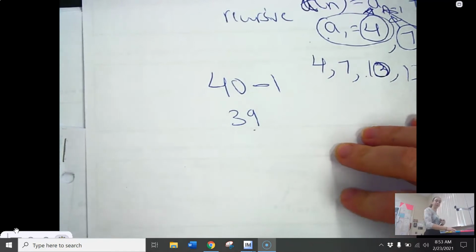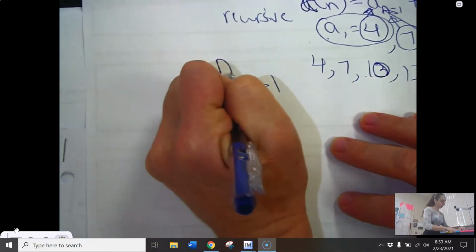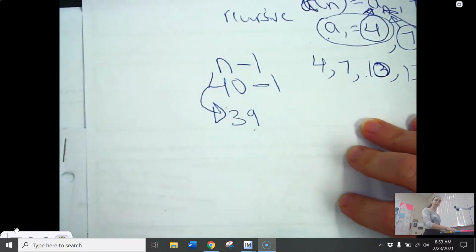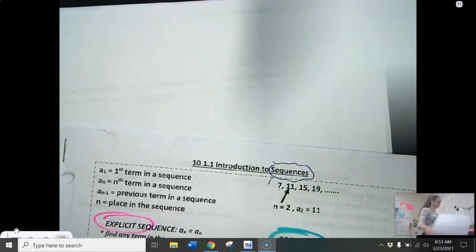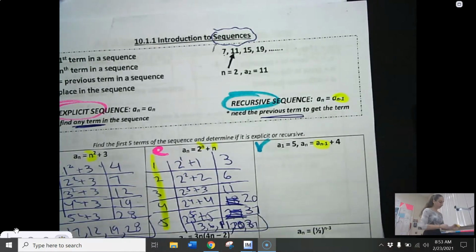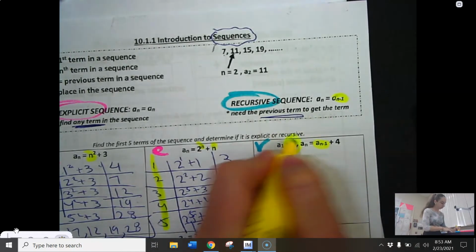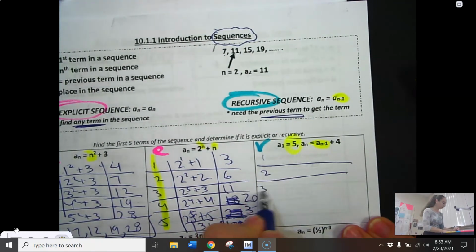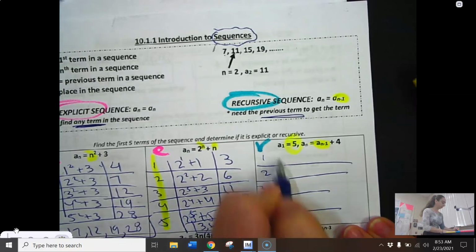That means I take my value and I subtract 1. So if I take the previous one, then I can get the next one. That means I'm going to take this 5, and it's going to go right in there. So 1, 2, 3, 4, 5.